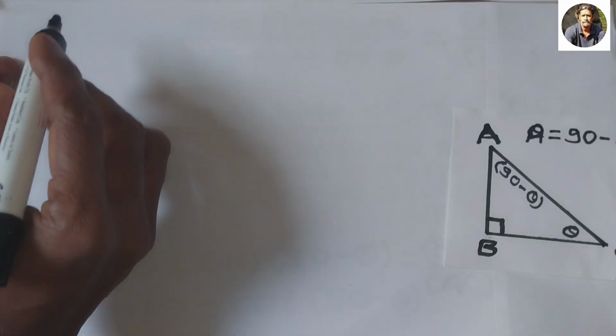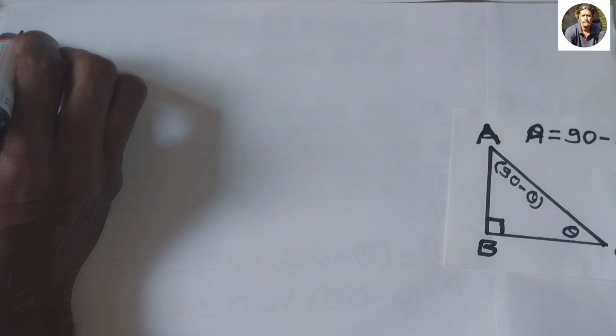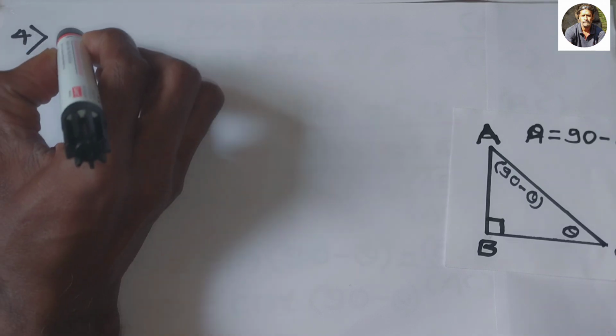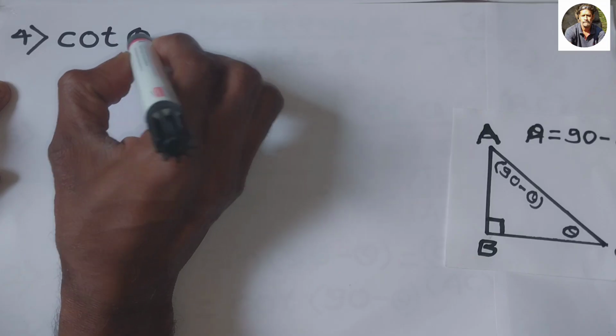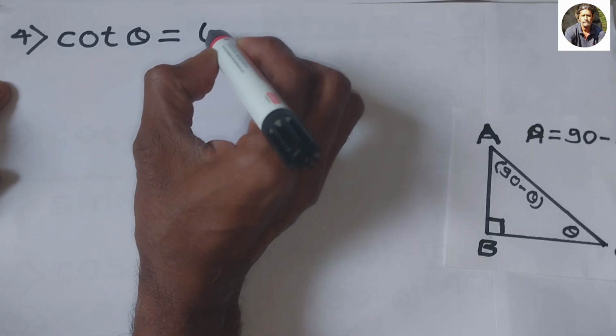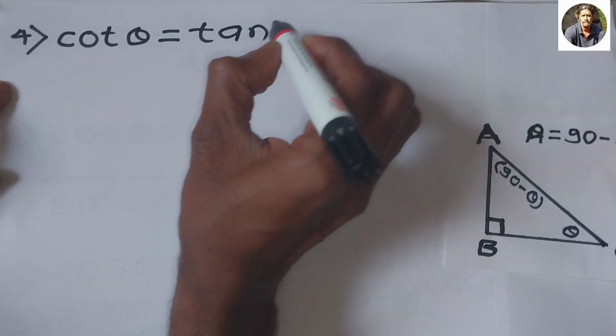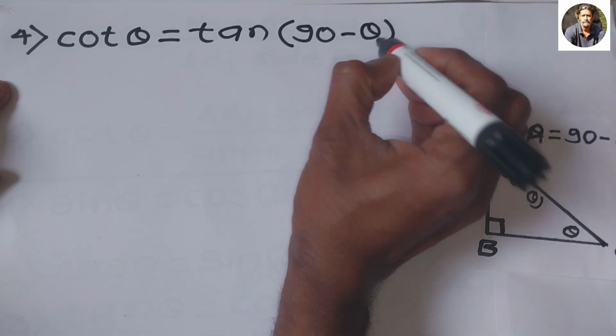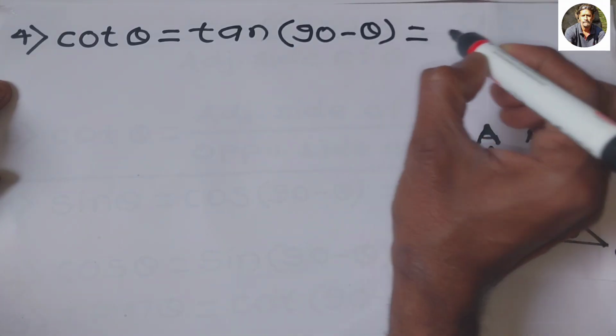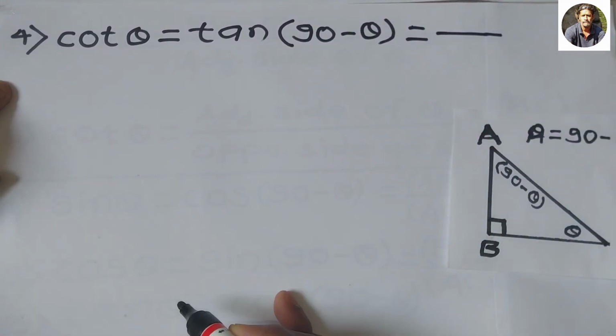Now the next one, that is the fourth: cot theta is equal to tan of 90 minus theta. Look here carefully.